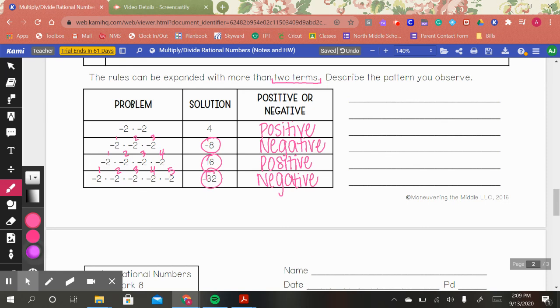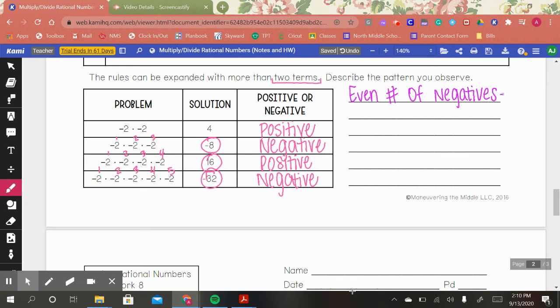So the pattern that I'm hoping you're picking up on here is that when there's an even number of negatives, the solution is positive. So an even number of negatives equals a positive solution.